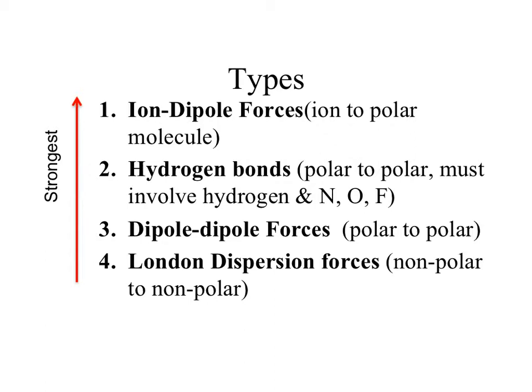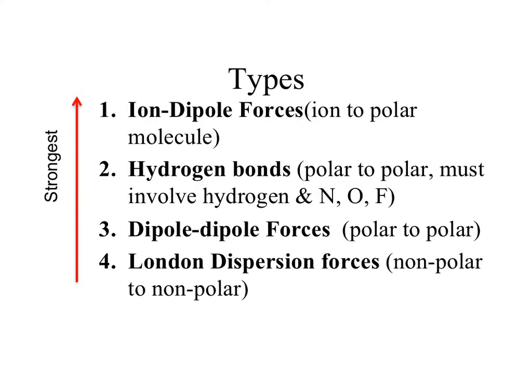Next, we have just our regular polar type molecules, polar to polar. We call those dipole-dipole forces. And I know it sounds silly to say dipole twice, but you're talking about the dipole from this molecule being attracted to the dipole from this other molecule. So that's why it's the force so nice they named it twice.